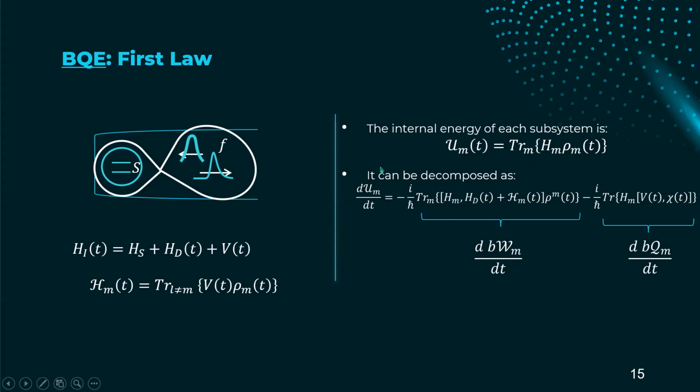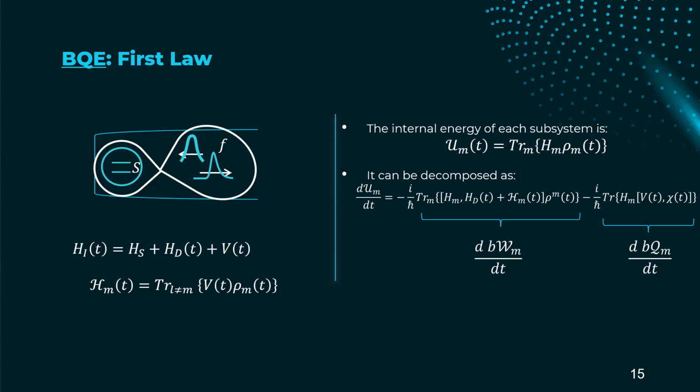Okay, and now the internal energy flux is decomposed again into the correlated and uncorrelated part, where the uncorrelated part gives you the work flux, and the correlated part gives you the heat. So this is again in a very similar approach to the open approach.